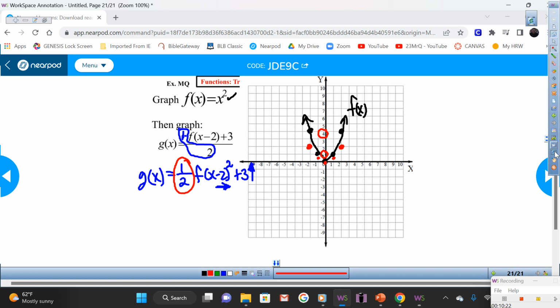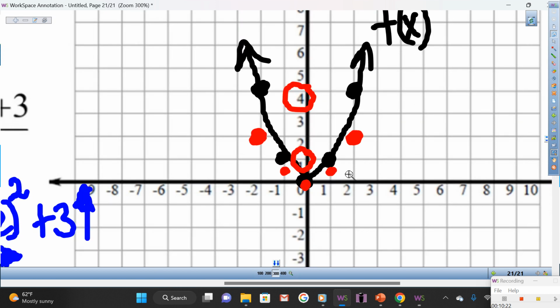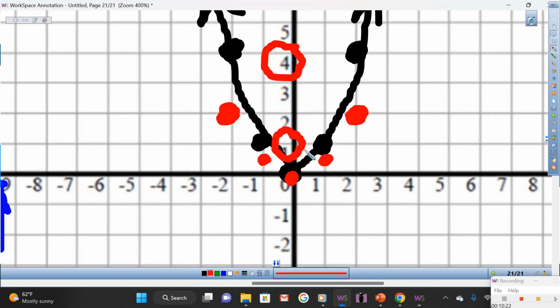And we graph our compressed parabola. There it is. So far so good, yes?